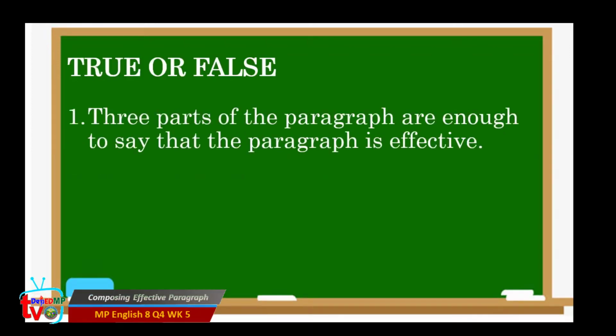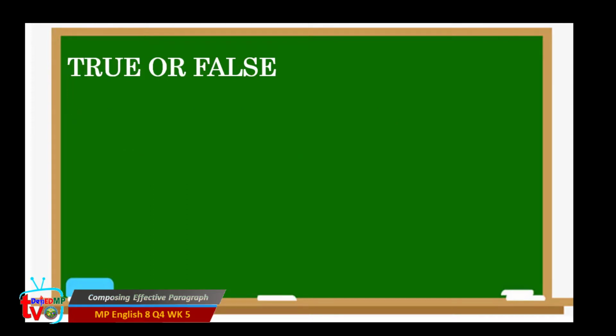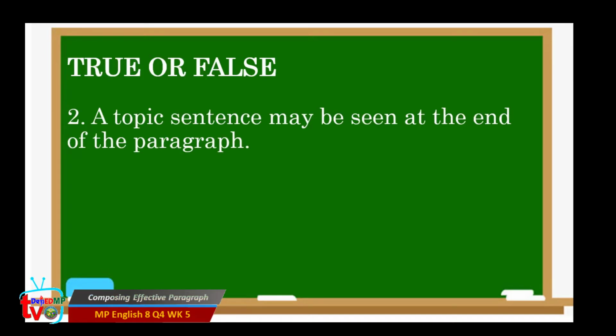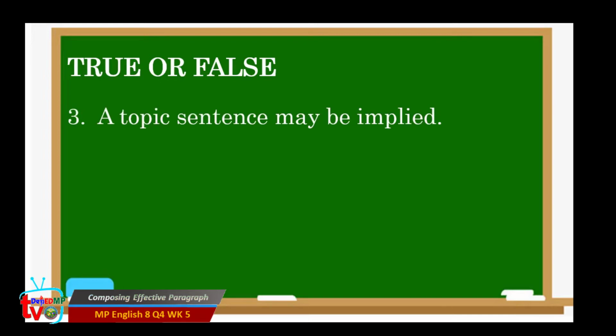Number 1. 3 parts of the paragraph are enough to say that the paragraph is effective. Number 2. A topic sentence may be seen at the end of the paragraph. Number 3.